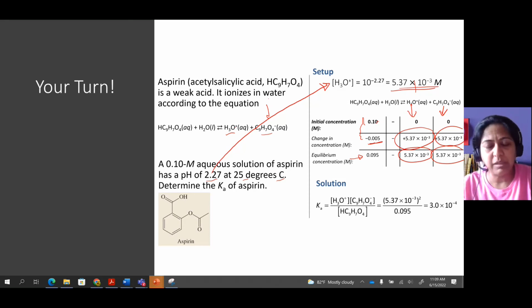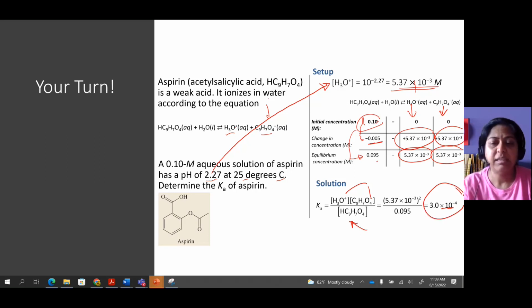Or it's okay if you use just the initial value, assuming that x is very small, because finally we are going to round the answer. If that is really small, you can leave it out. Or if it is a reasonable value, then you can subtract it. Then you plug those values into this equation and calculate the Ka.